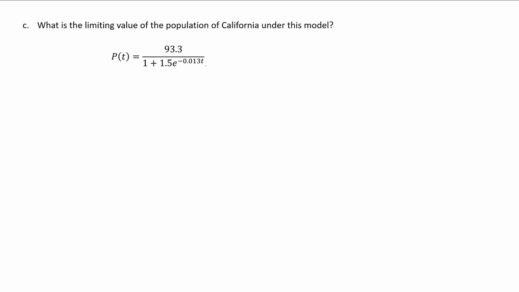The bigger t gets, when t gets very large here, 1.5 e to the negative 0.013 t, so another way to write that is 1.5 over e to the positive 0.013 t. And so you can see that this is a fraction, and when t gets really large, that fraction is going to get a denominator that is getting humongous.